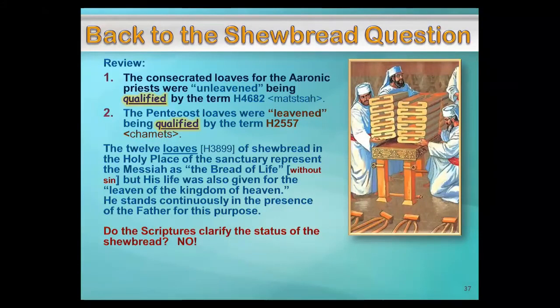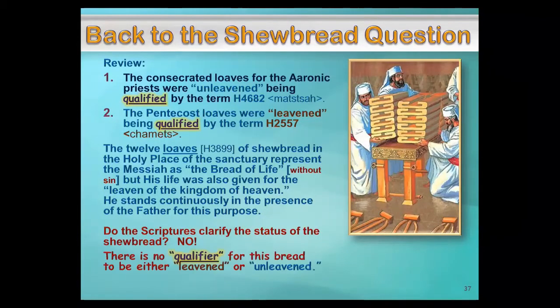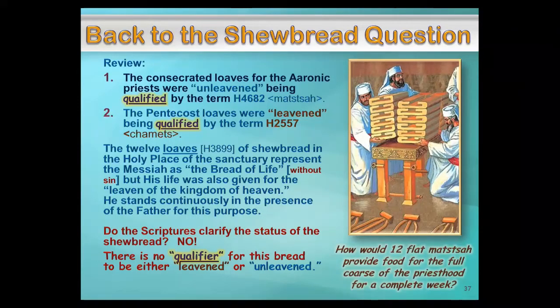Do the scriptures clarify the status of the showbread? And I'm going to say, no, I cannot find anything. There is no qualifier for this bread to be either leavened or unleavened. Maybe with further study somebody can find it, but I couldn't find anything about this showbread being either or.